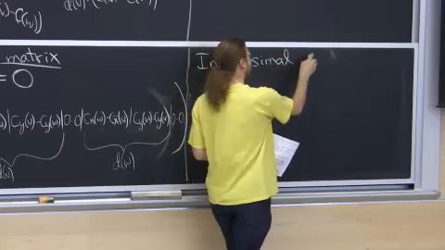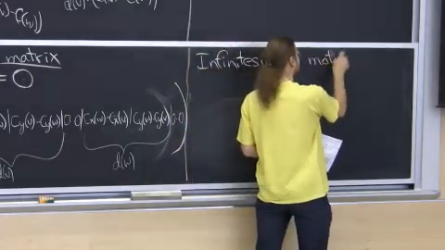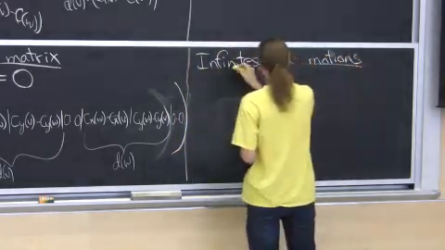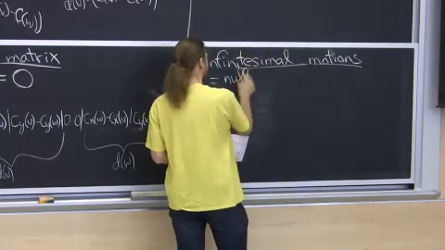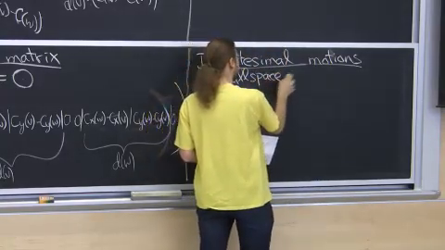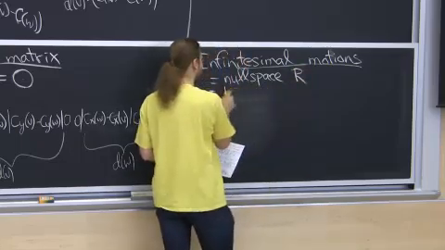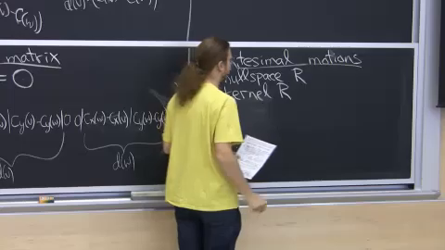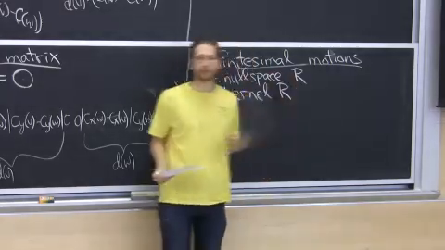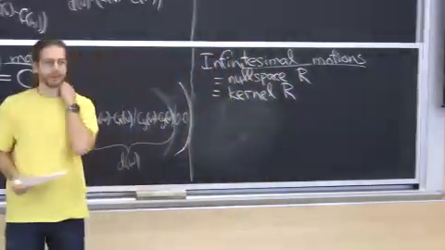So the set of all infinitesimal motions is the null space of that matrix, also known as the kernel of the matrix. And so what? Well, this lets us use a bunch of theorems in linear algebra.